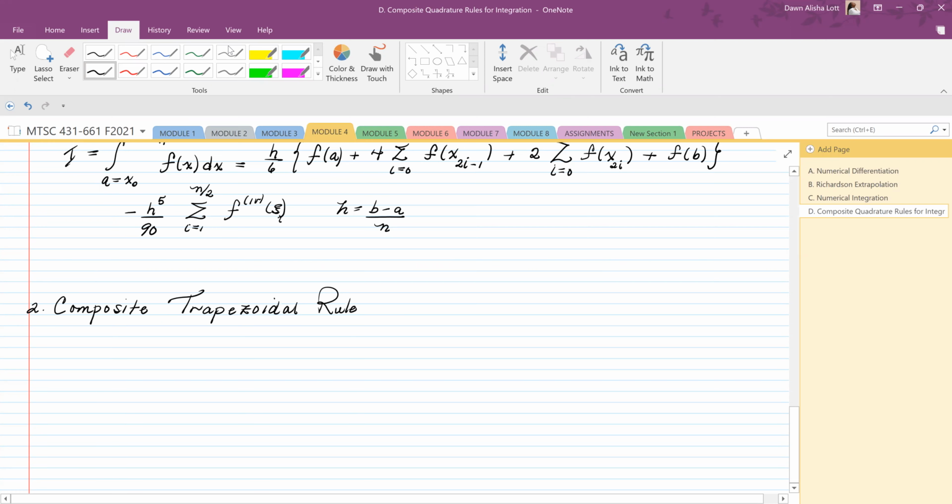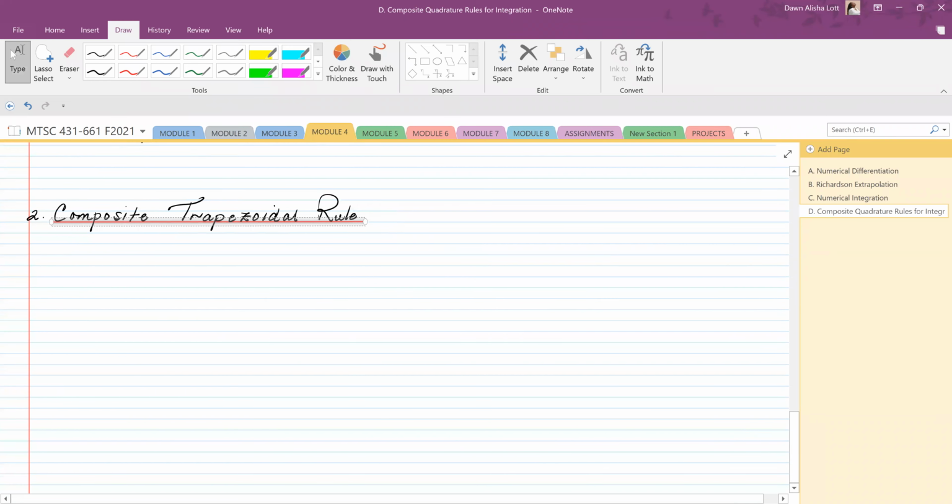Okay, so the composite trapezoidal rule. This one is just as easy to come up with. All right, you do the same thing. The only difference is for this one, still h is b minus a over n. And you're still going to take your interval.